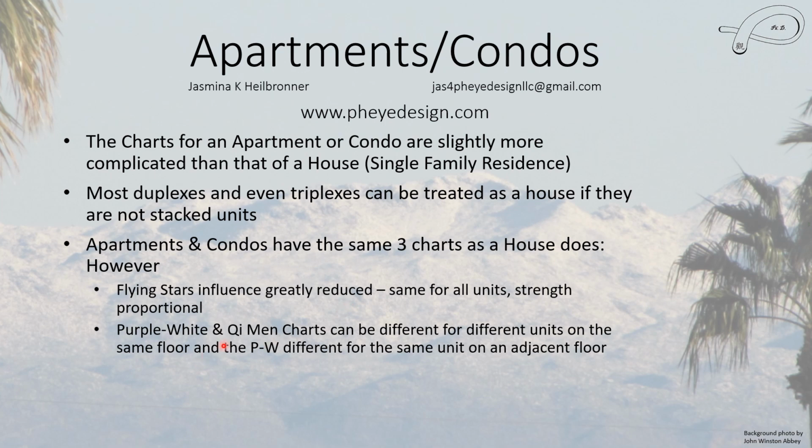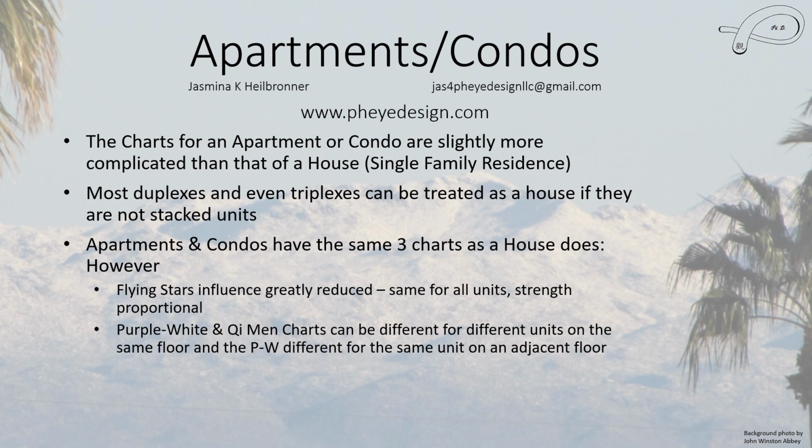Now the purple white and the Cheeman charts are the primary charts for the apartments and condos because they can be different for different units on the same floor. And the purple white chart will be different for the same unit on an adjacent floor. Now almost all of the units, except for perhaps the top unit, the walls of the apartments will be stacked one on top of the other.